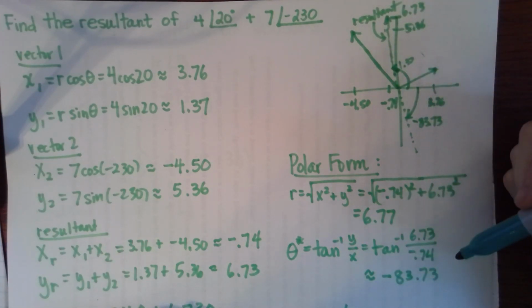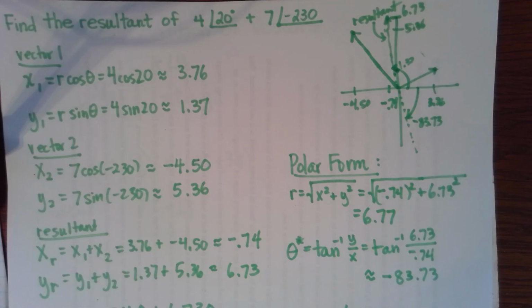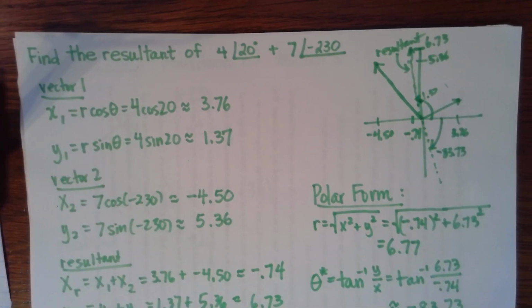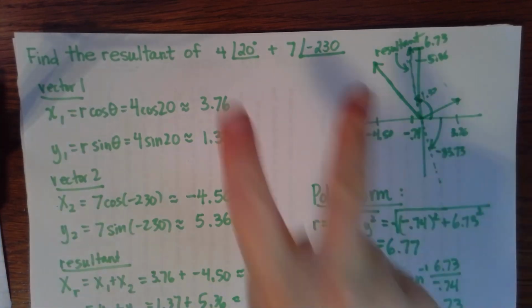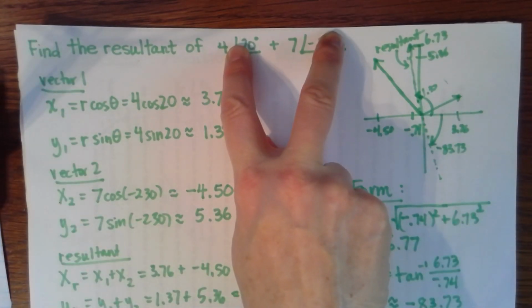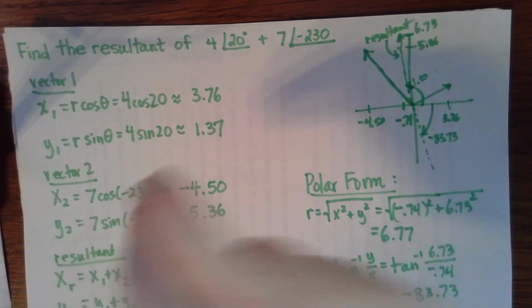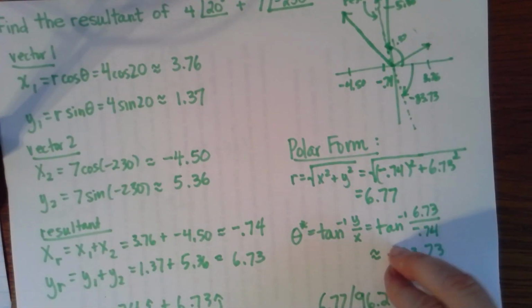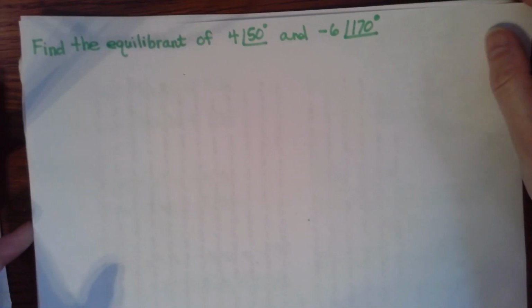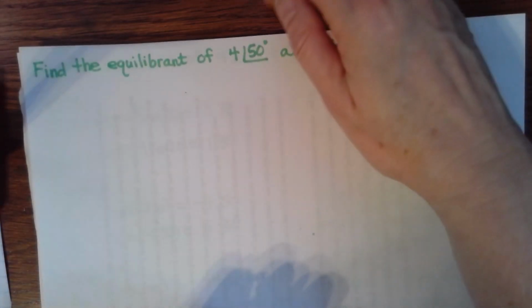All right, so that is the process we would go through to find the resultant of two vectors written in polar form. First, we convert them to rectangular form, add them in rectangular form, and then convert them back to polar form. Okay, so another similar problem that we'll look at is finding the equilibrant of two vectors.